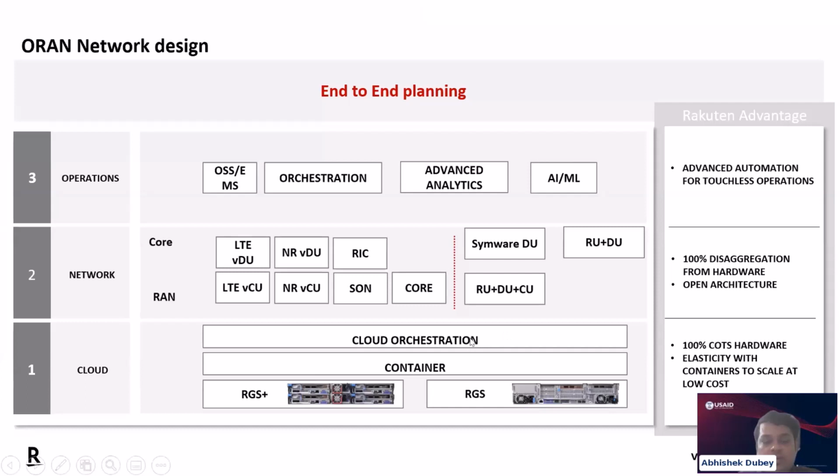For the Kubernetes environment there are multiple vendors in the market. From Rakuten we have Robin.io. You can use AWS, you can use Google platforms for Kubernetes. There are many more, VMware is there, that you can use for the orchestration.